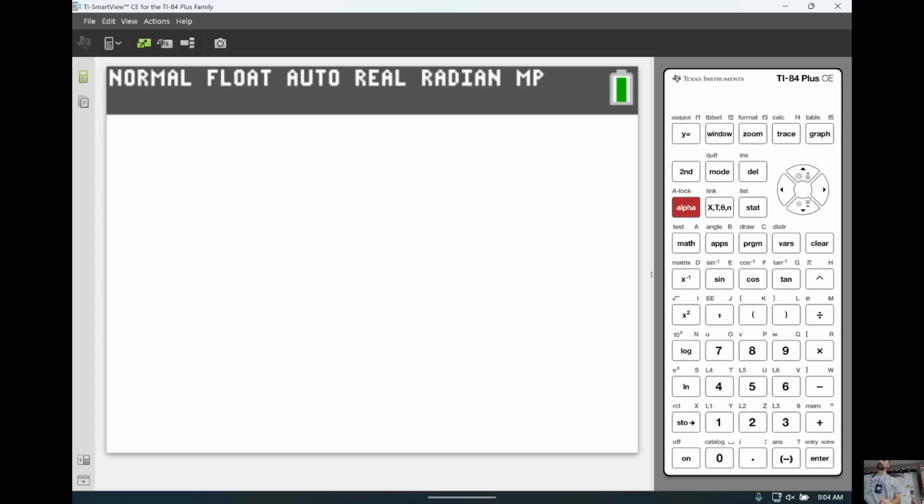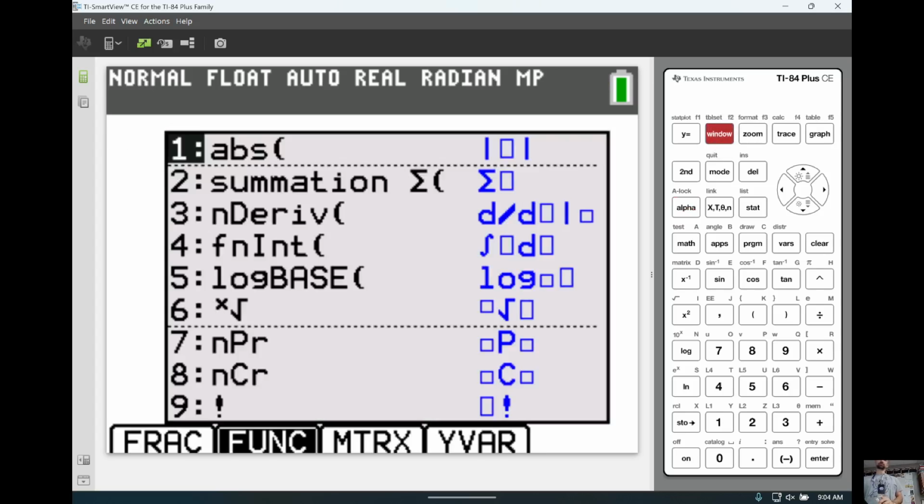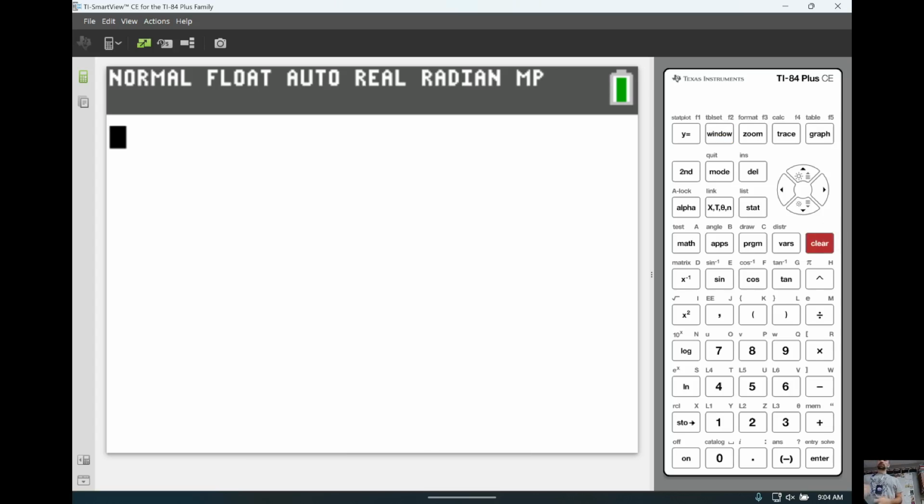But then there could be a question like this where I let you use a calculator, and even if you knew how to take the derivative of that, which you won't... no, I guess you'll know how to do the derivative of that by the end of this unit. But even once you do know how to do it by hand, if you were allowed a calculator, you should let the calculator do it for you.